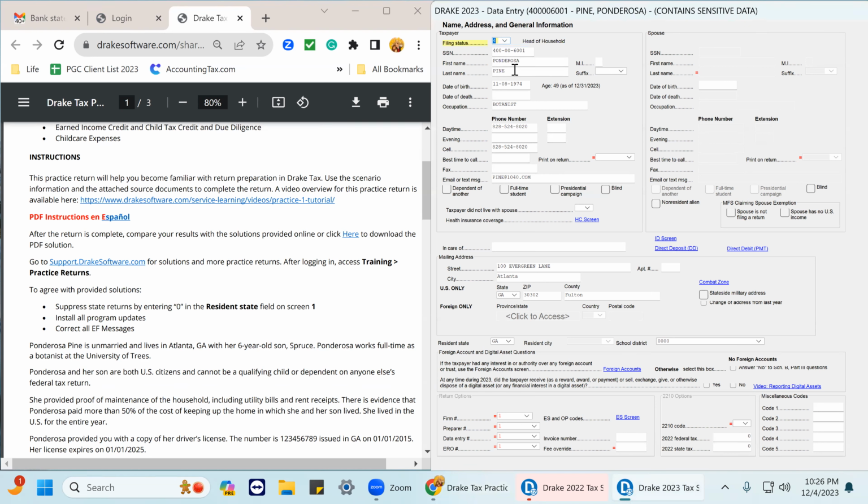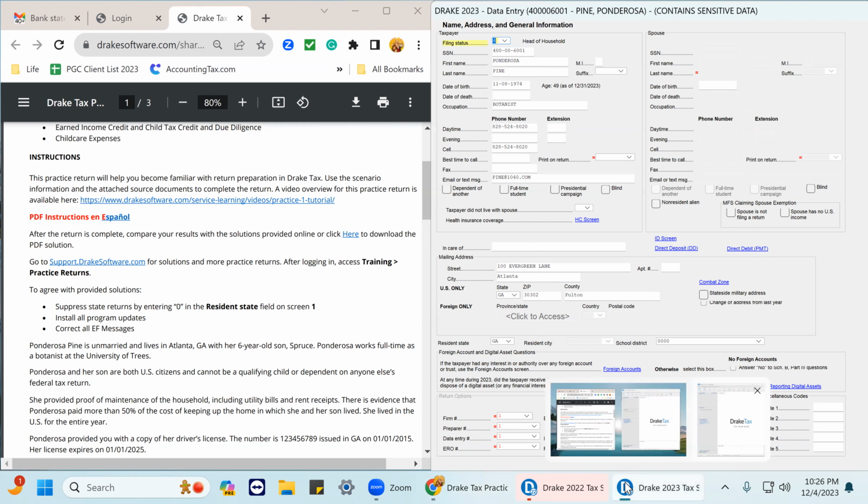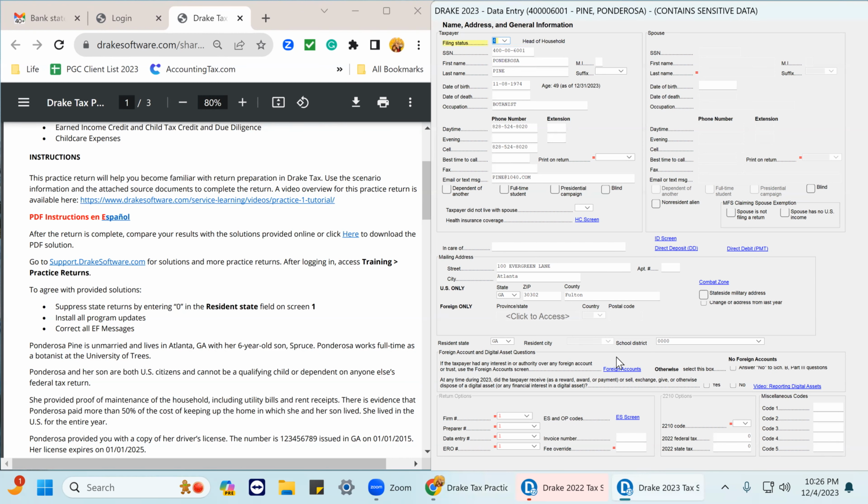Now, for head of household, there are some questions here. We need to do it. Here's the cool thing in this tax software. There are only 3 colors. Normally black is when you normally input, and red is where, normally, you probably made a mistake.